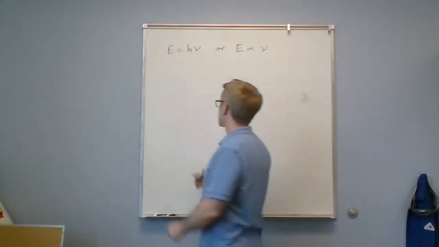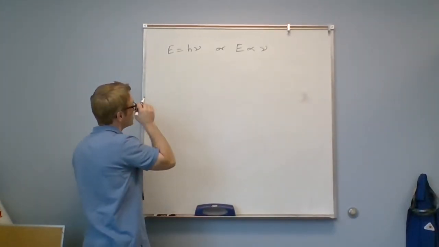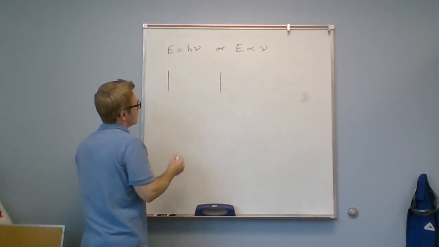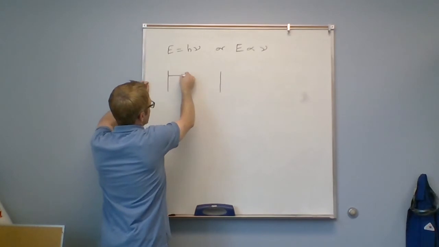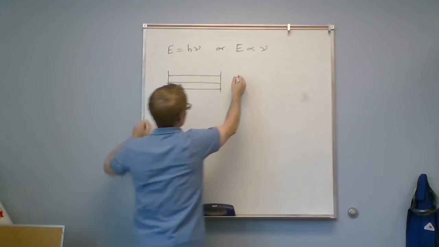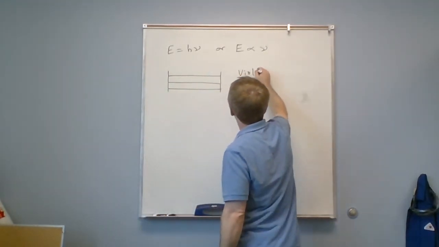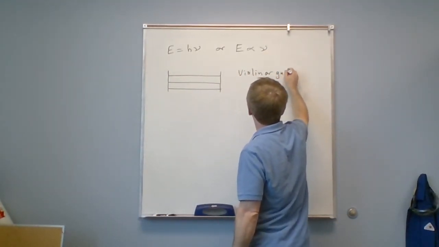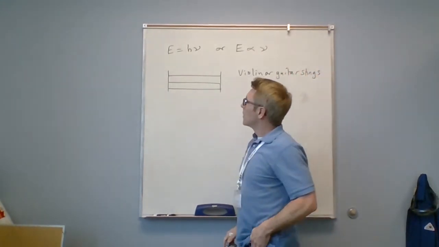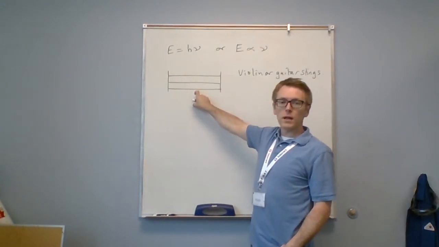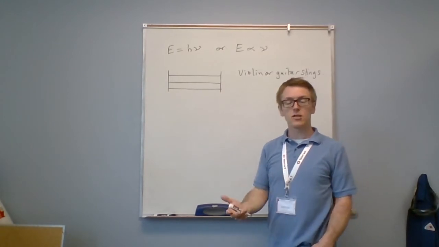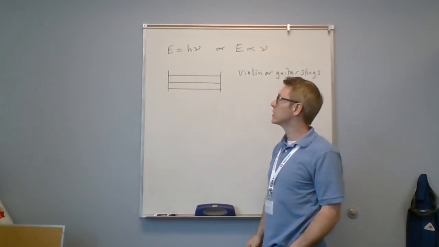Take any musical instrument that has strings, for example, guitar strings or violin strings. If you pluck one of these strings, it would vibrate and give a certain energy. The energy would be the pitch of the note.